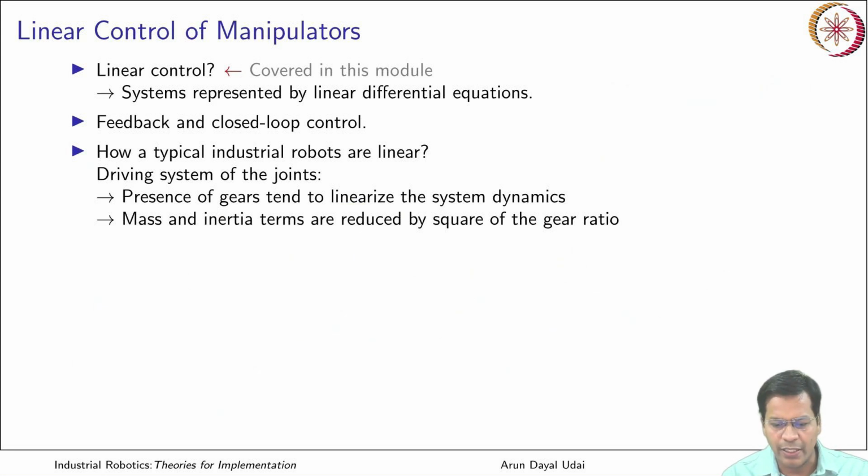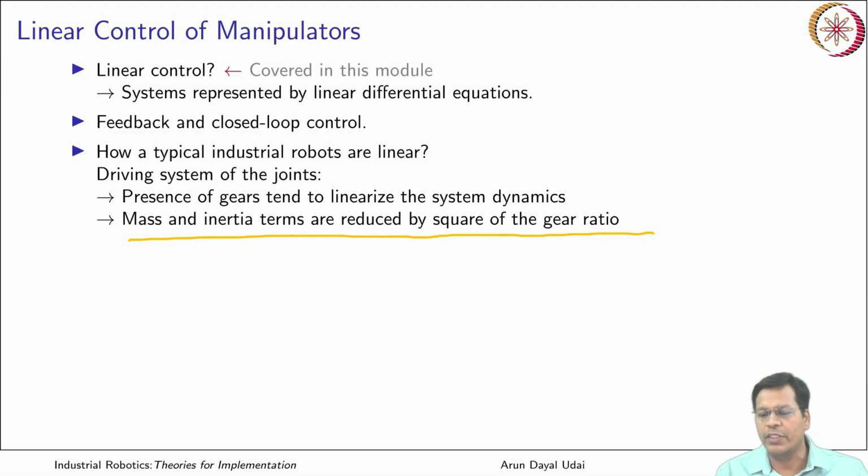Mass and inertia terms are reduced by the square of the gear ratio. This is what is proven later in one of the lectures in this module. So you see, the effect of mass, the effect of inertia that the next link is going to put on the previous one is very less. It is reduced by the square of the gear ratio.